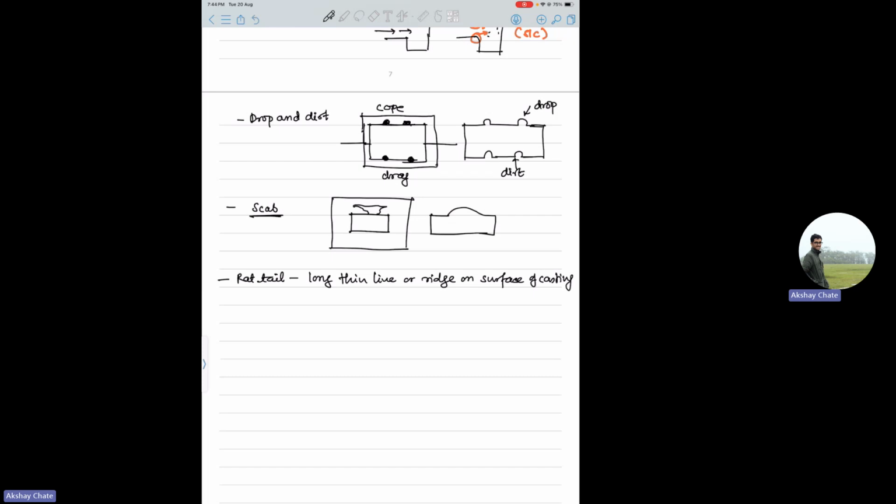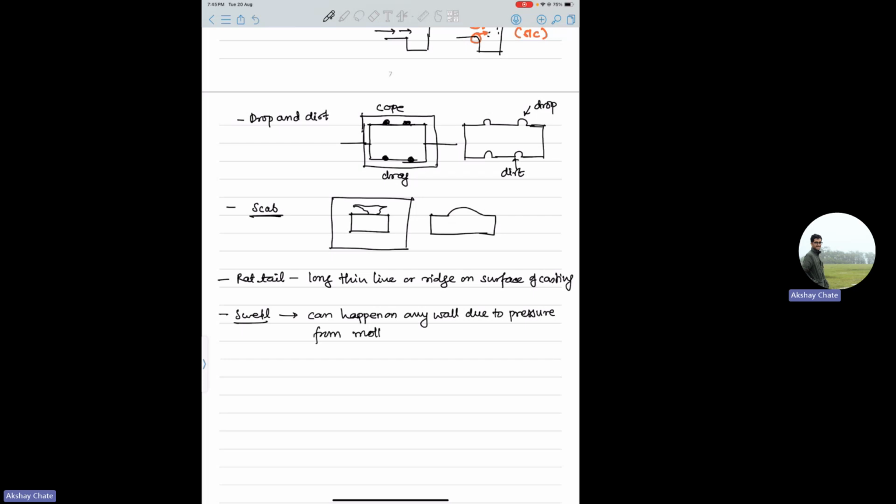And then I think swell and scab are similar. Let me just confirm. Yes, swell and scab are similar, but scab usually happens on the top side, whereas swell can happen on any wall due to pressure from molten metal.